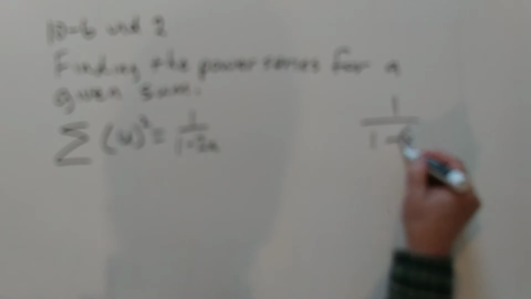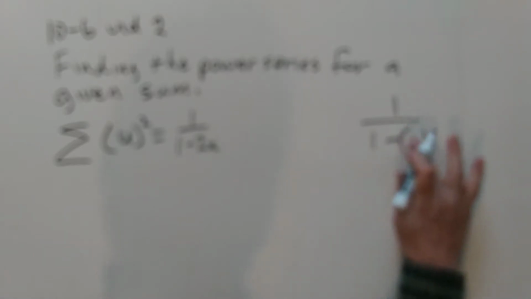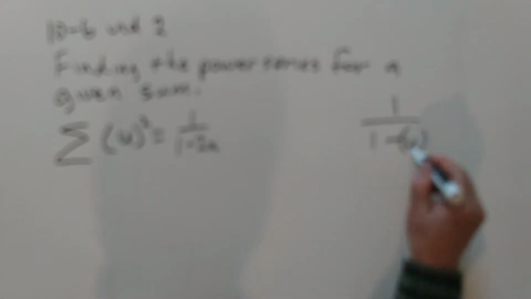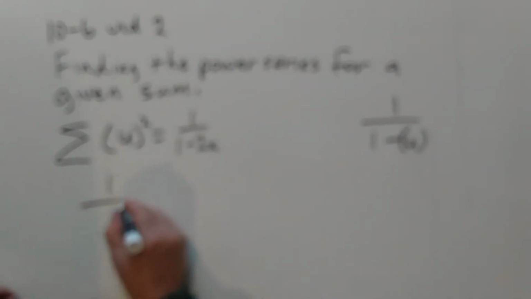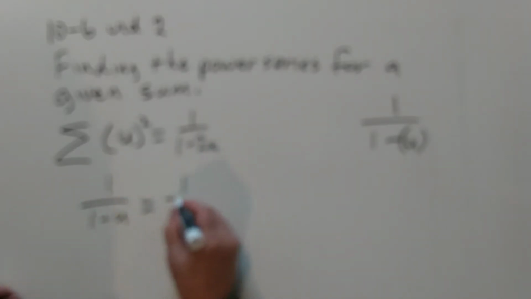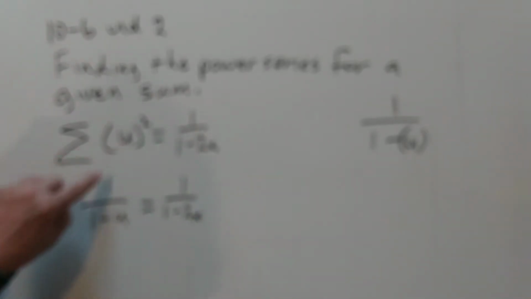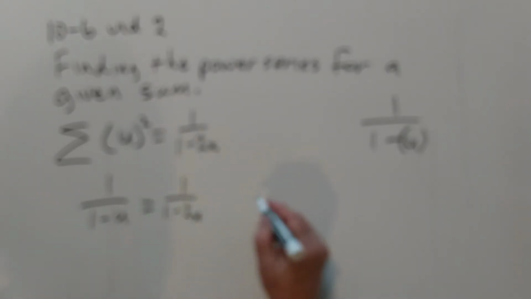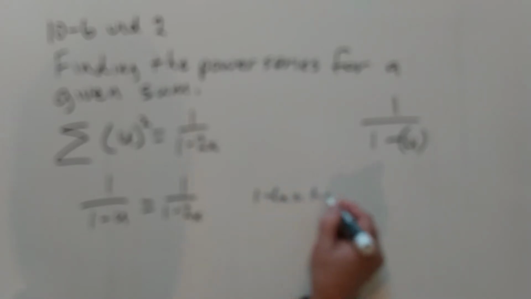And in this case, x is in the place of the u. So I'm going to use 1 over 1 minus u equals this sum, 1 minus 2x. So here's the u, here's the sum, 1 over 1 minus u, and I know that that's going to come out to be this sum. Cross multiplying, you get 1 minus 2x equals 1 minus u.